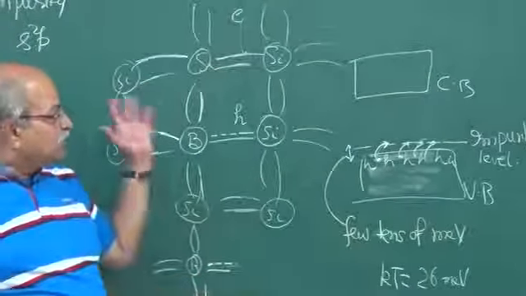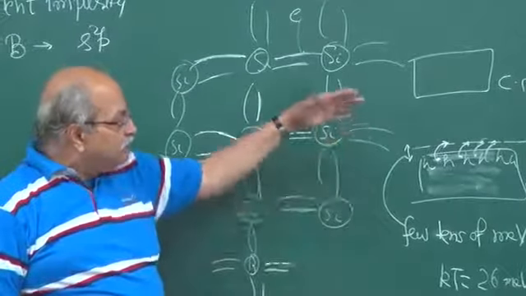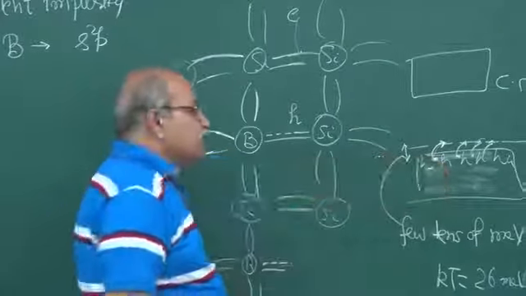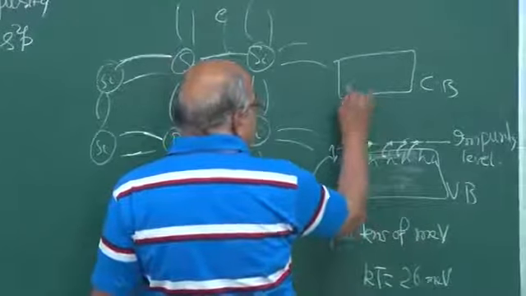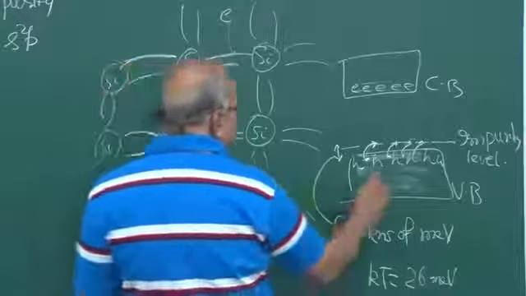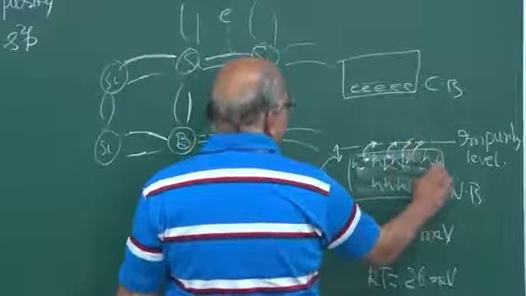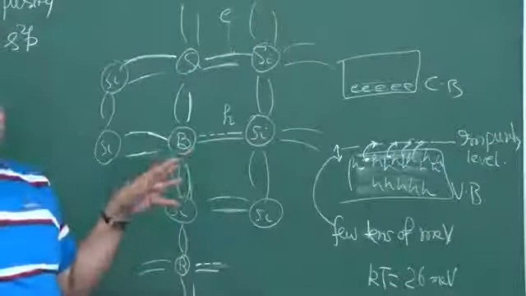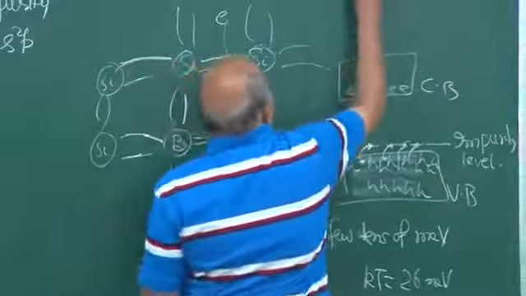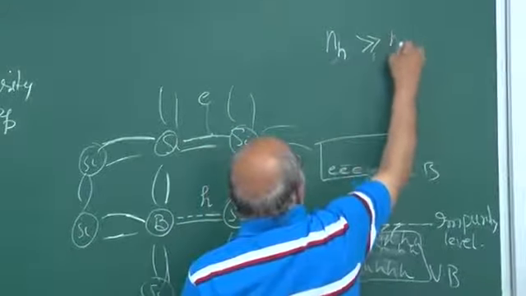So by putting this trivalent impurity in silicon, you are creating many new holes in the valence band. To start with, there were some quantum states filled by electrons in the conduction band, and corresponding holes were there, but now you are putting many more holes through this doping. So in this case, what will happen? In this case, NH will be much larger than Ne.